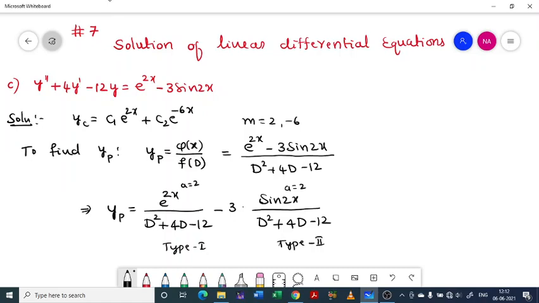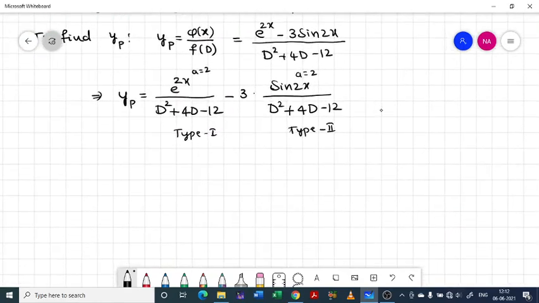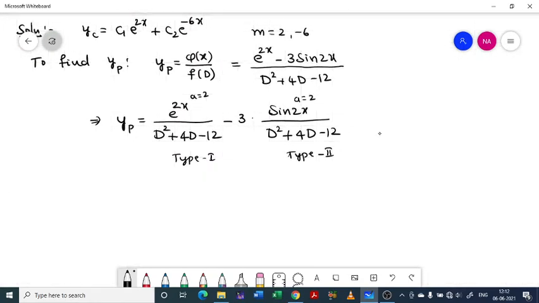Now first let us concentrate on the first term, e power 2x divided by D square plus 4D minus 12. a equal to 2, but 2 is one of the roots of the auxiliary equation. So obviously if you substitute D equal to 2 here, you get 0. You can check that it will be 4 plus 8, 12, minus 12. So definitely you get 0.